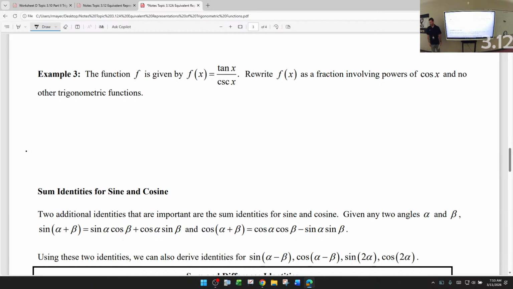I don't need the Pythagorean identities for this, I don't think. Maybe I do. I don't know. Tangent x, I'm going to make it sine x over cosine x. And then cosecant, I'm going to make as 1 over sine x.